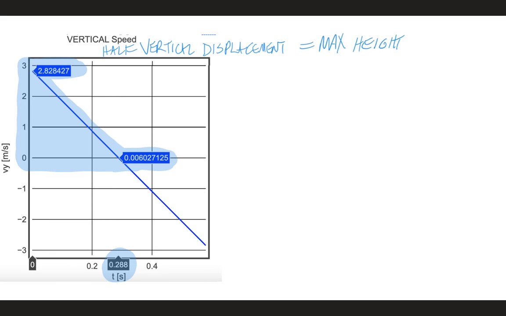That's why we have a negative slope graph. So I wouldn't do the whole thing because I would trick myself into thinking that there was twice the max height for vertical displacement. And so it's important conceptually as much as it is mathematically to use the graph properly. And so it's an easy kind of mistake to make.